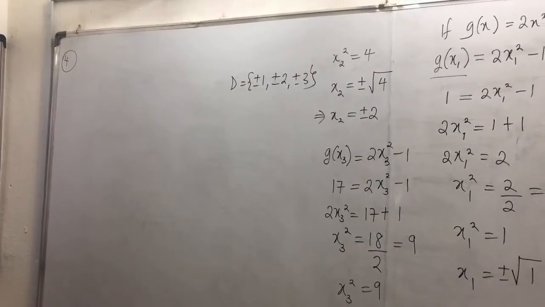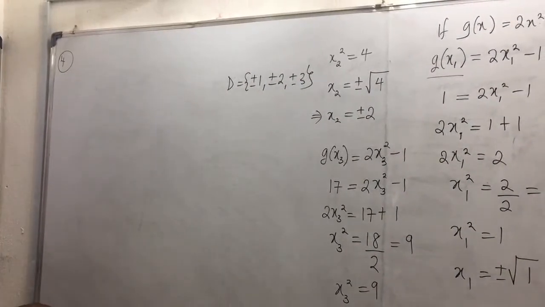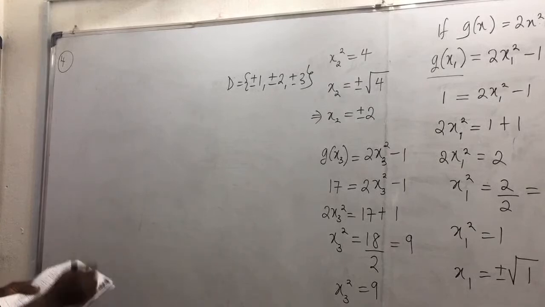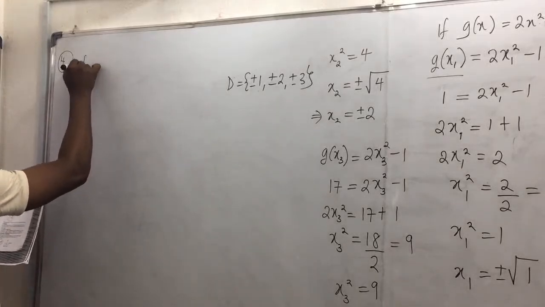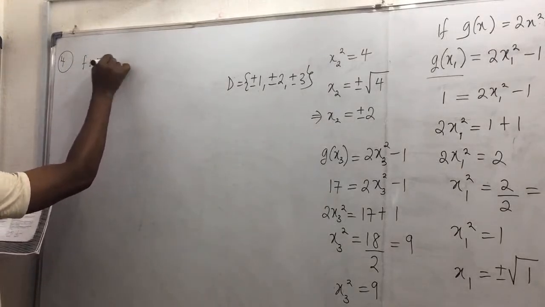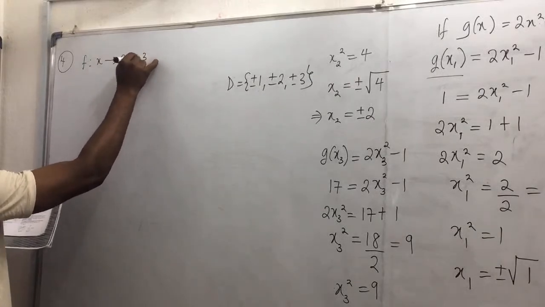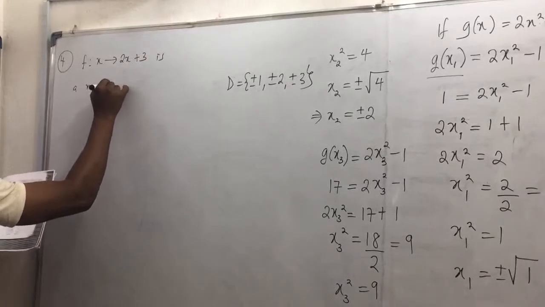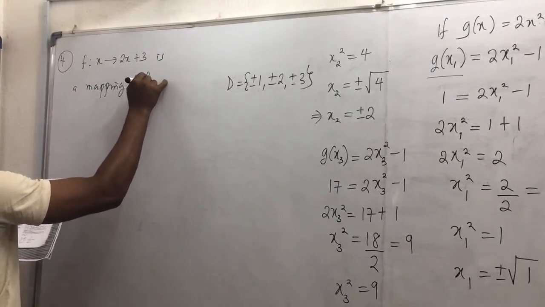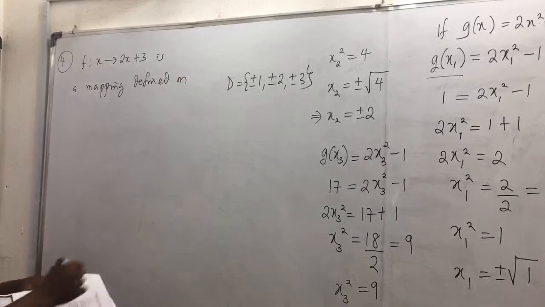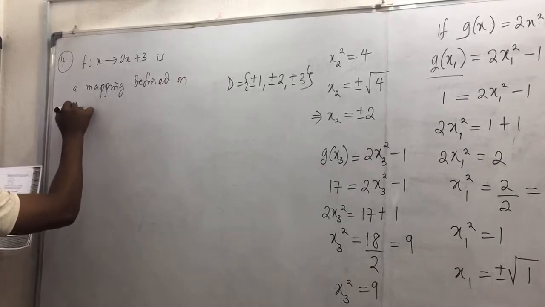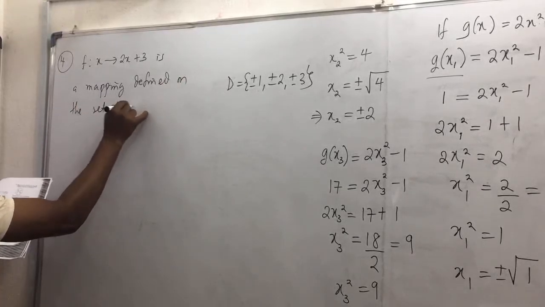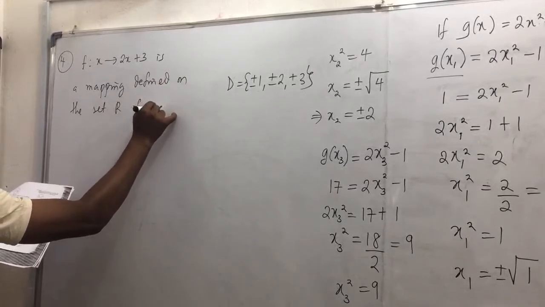So for question number 4, I have a question here. Question number 4 says, f from x to 2x plus 3 is a mapping defined on the set R of real numbers.